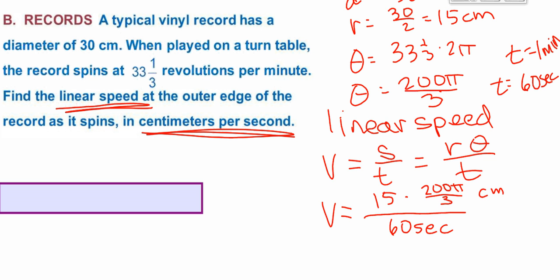I had written this as radians before, just to be able to say it that way, but this is unitless, so I don't have to include radians, and I'll have it in centimeters per second. It doesn't say to round to the nearest tenth, but let's. So the linear speed is approximately what?